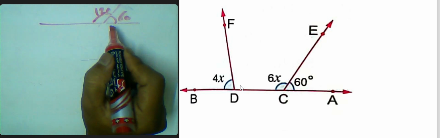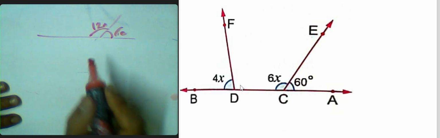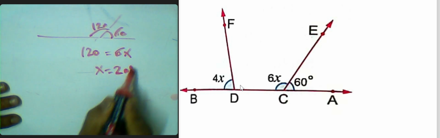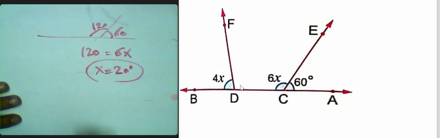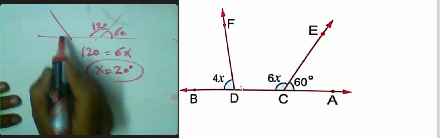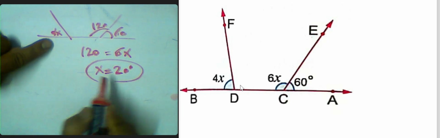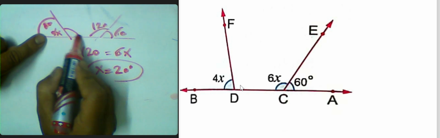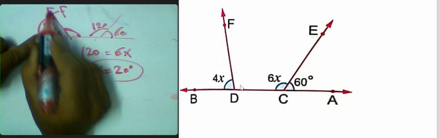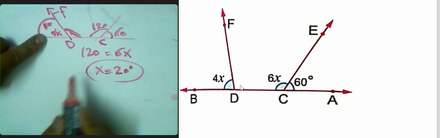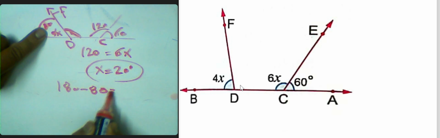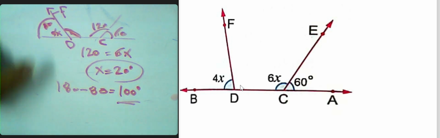We have 60, and this angle will be 120. 120 equals 6x, then the value of x will be 20 degrees. Then you can write 4x, 4 times 20, it will be 80 degrees. This angle is 80. Then the measure of angle FDC will be 180 subtract 80, it will be 100 degrees.